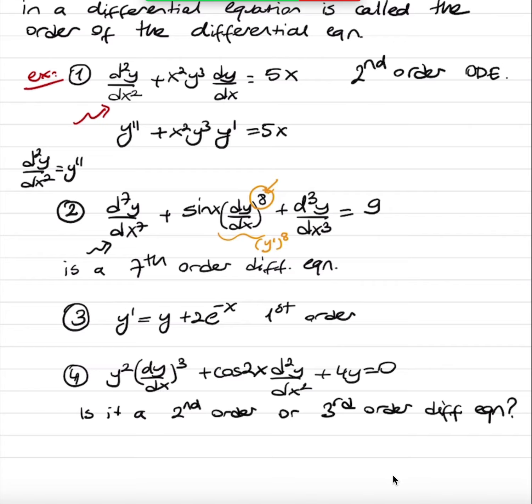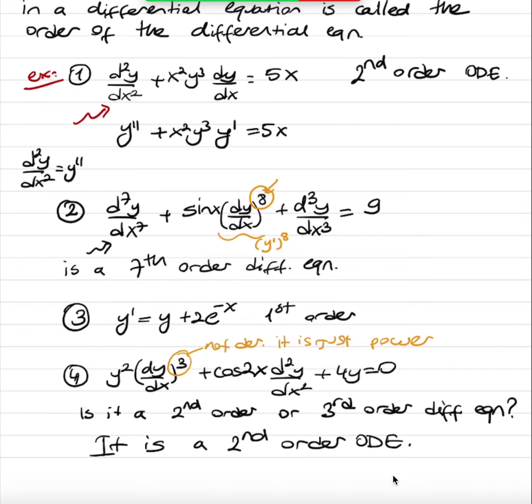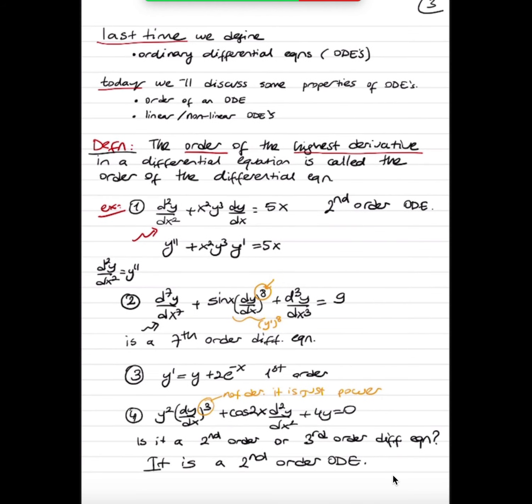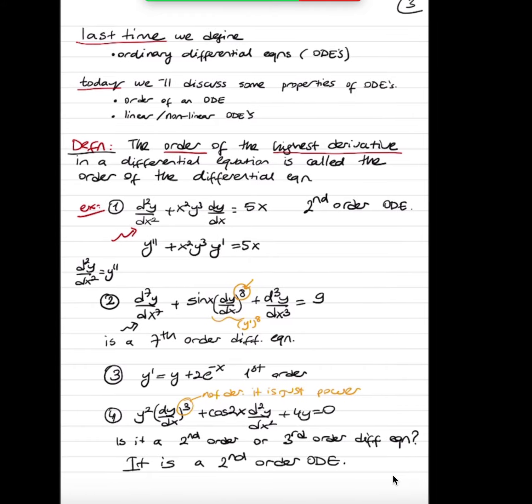So it is a second order, right? This is just the power. This is not the derivative. So it is a second order ordinary differential equation. We don't have any partial derivatives, right? We have only ordinary derivatives. Great.